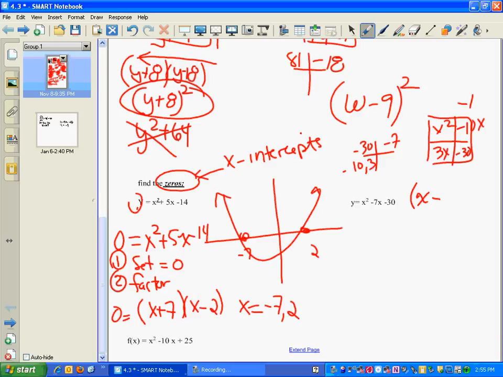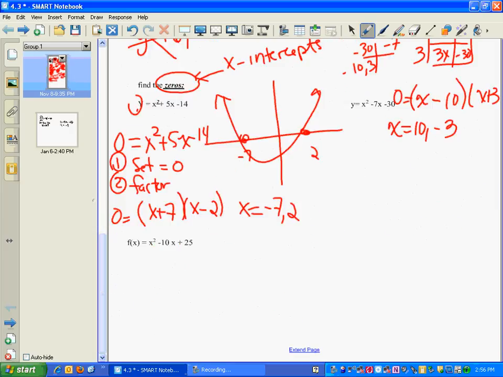So I can pull out a negative 10, an x and a 3. So x minus 10 and x plus 3 equals 0. X is equal to 10 and negative 3. Are we good? Pretty easy lesson? Okay. All right.